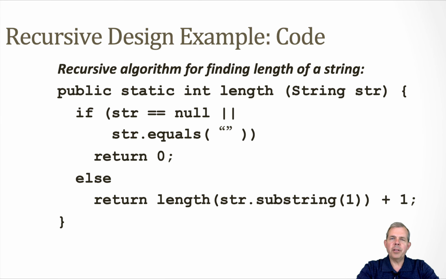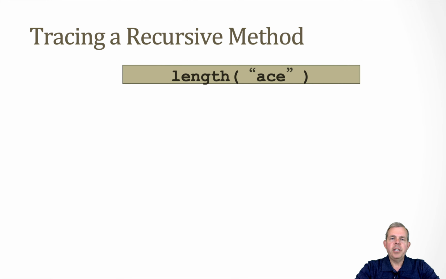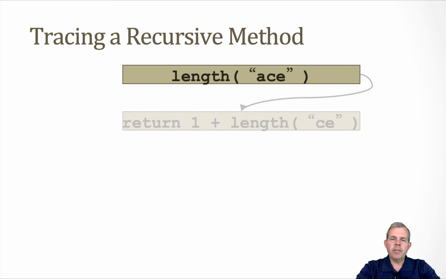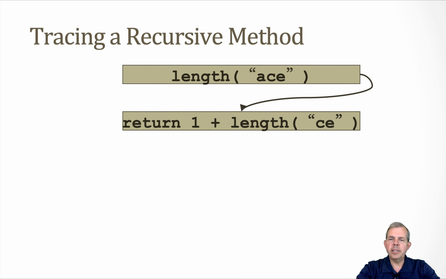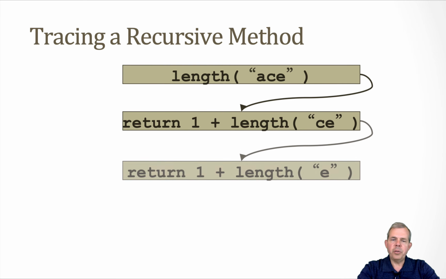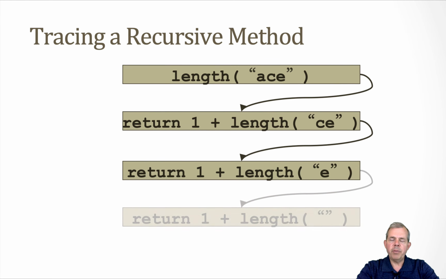So what does that look like in real code or a real example? So let's say we take the length of the string called ace. The first thing is we would take 1 plus the length of its substring. So the substring starting at character 1, which is C. Then we would do another recursion of the string, starting with the character in position 1, which is E. And then when we finally get to the last case, we get to the base case where the string is empty.